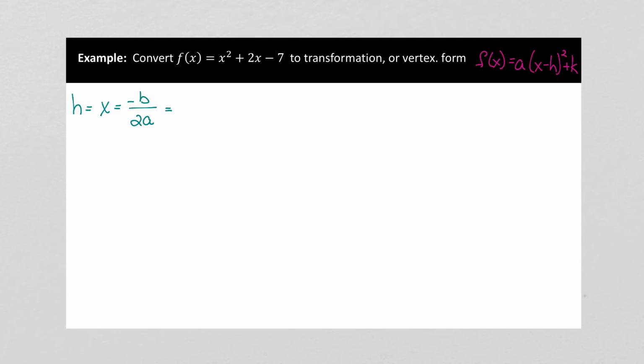So in this function, we'd have negative, b is 2, and a is 1. So negative 2 divided by 2 is negative 1. Then, to find k, we find f of x, or y. So we'll be finding f of negative 1.